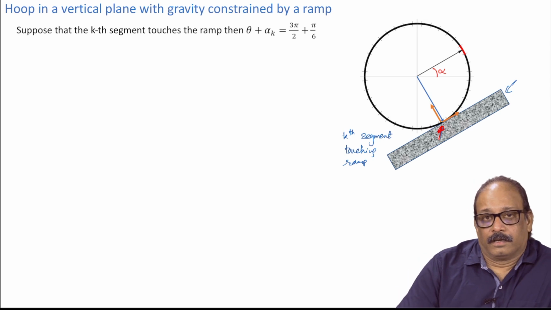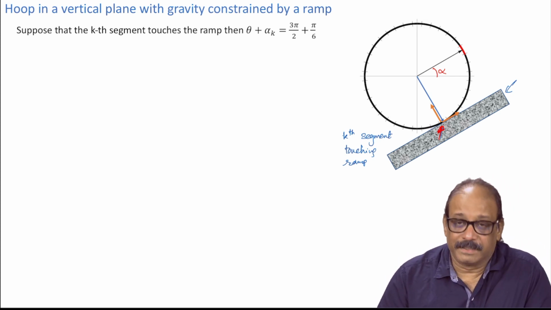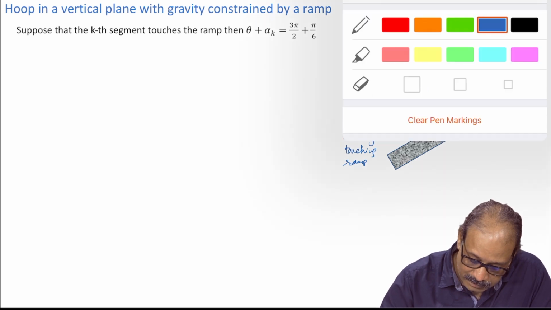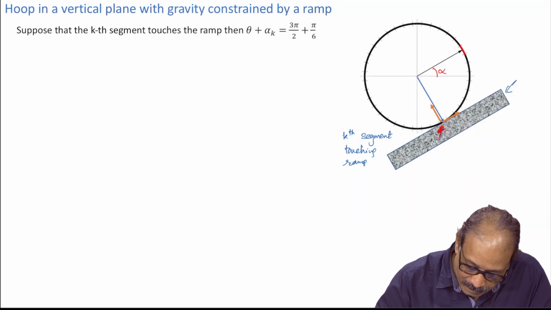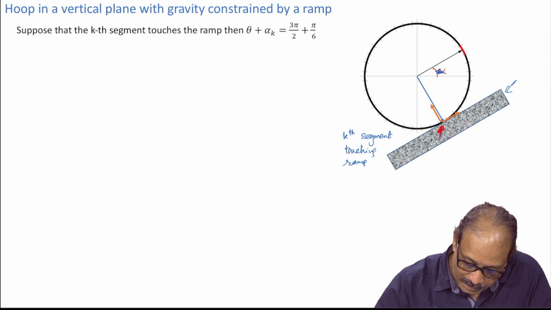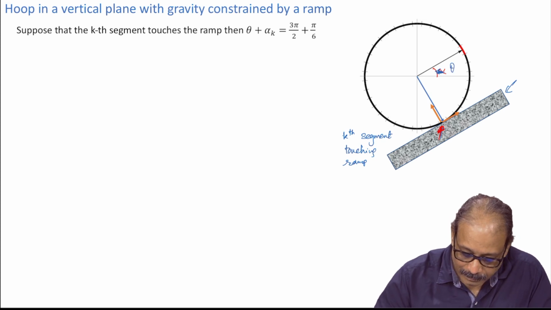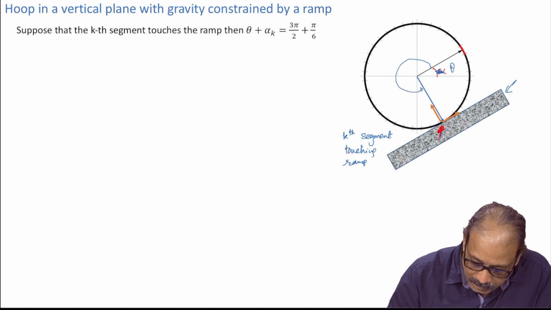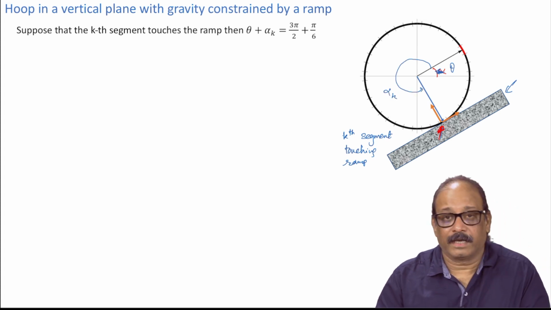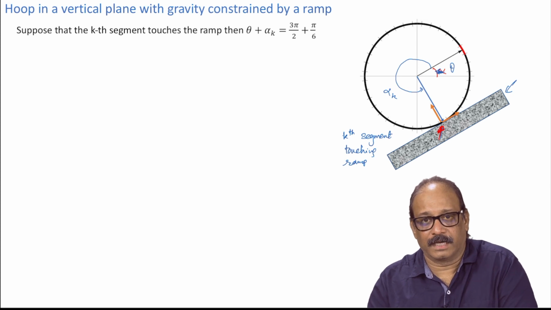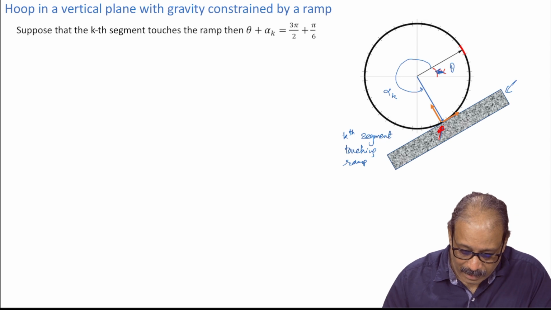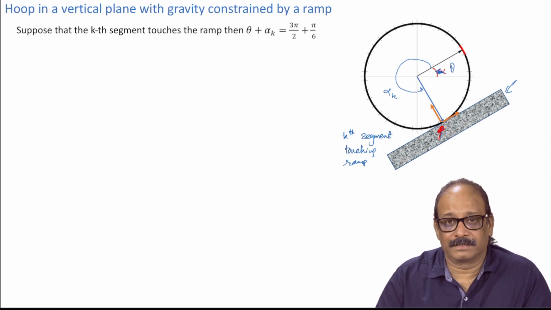Now, what must be this angle? So, this angle here is theta, and this angle here is alpha k for the kth particle which is touching, or kth segment which is touching the ramp. And what must be the value of alpha plus theta k?